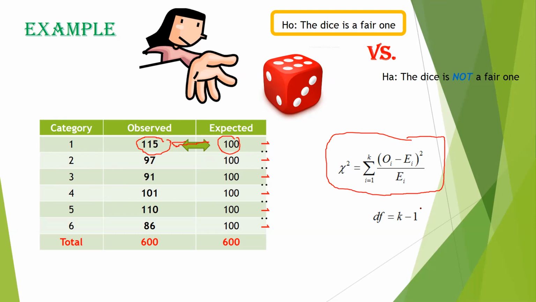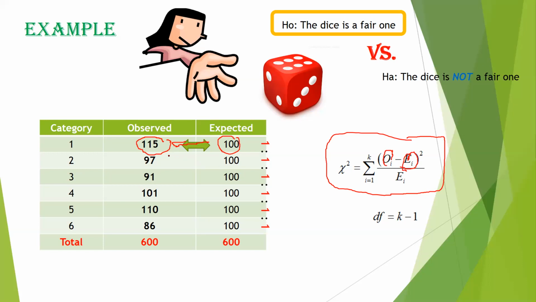At the beginning, when I throw this equation at you, probably you will be scared. This is too complicated. But once I explain what is going on in this formula, you're going to love it. You're going to appreciate how beautiful this equation is, because it agrees with how we think about the problem. We compare the observed number versus the expected number by taking the difference.